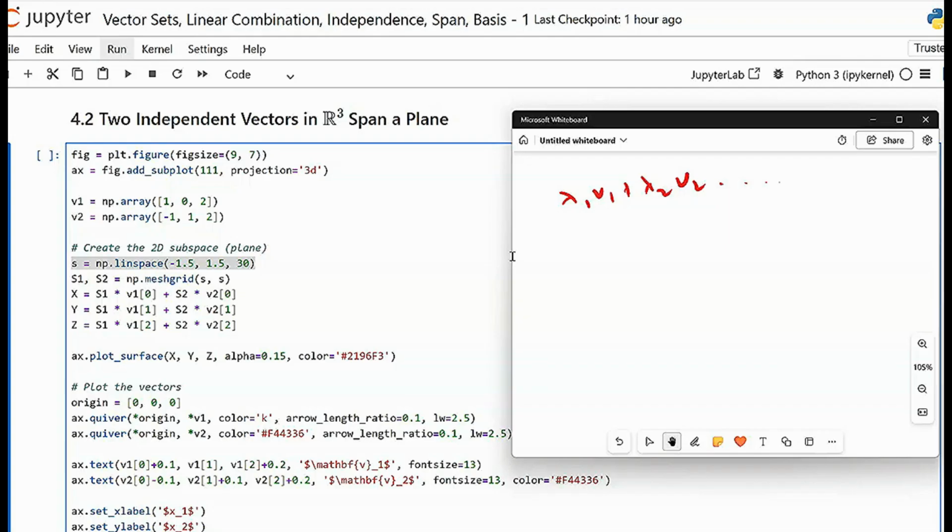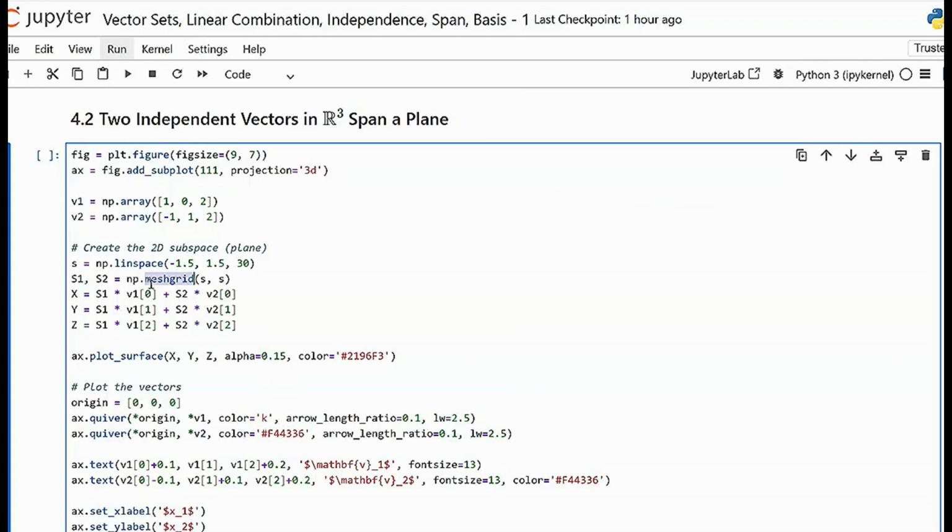So here, S1 and S2, we are going to make use of this grid. It creates a grid of coefficient pairs S1 and S2, where S1 is the value of lambda 1 and S2 is the value of lambda 2. This allows us to explore all combinations of weights.